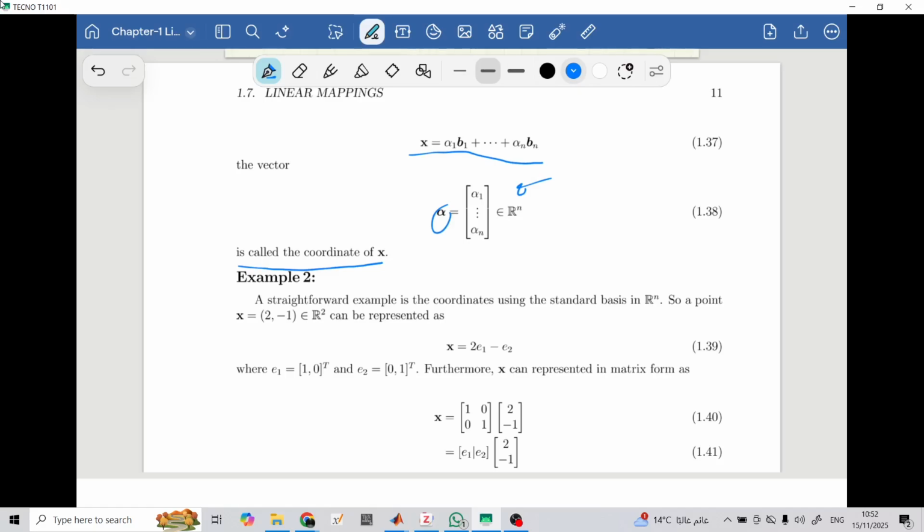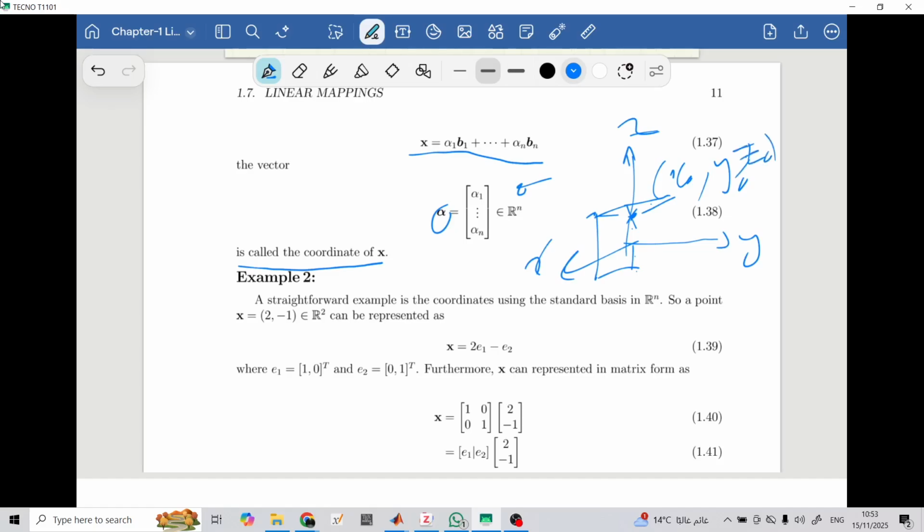So if we define, let's say, a point in the 3D space, this is x, y, and z. So we have this point here. This is our point. It has coordinate x node, which is in the x direction, y node, which is in the y direction, and z node, which is in the z direction.